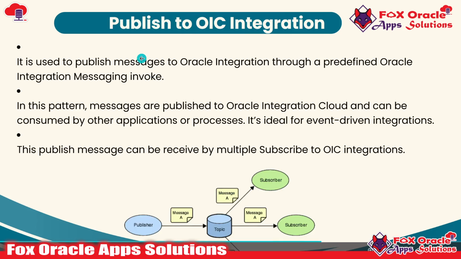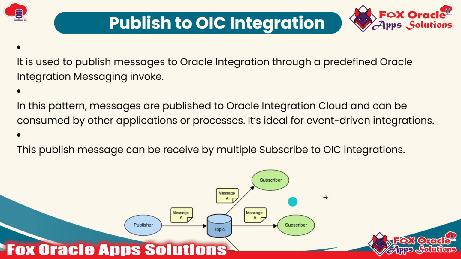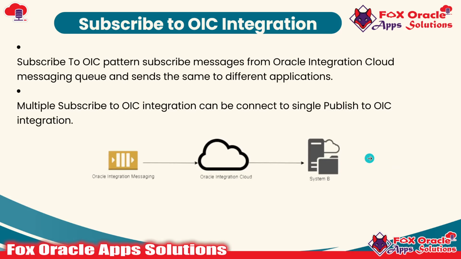Now you can see that publish to integrations and subscribe to integrations are both correlated. Publish to is where a message comes from somewhere and we have to push that message to the target system. That's where we build integrations that in generation 2 we selected as publish to OIC integrations. Similarly, we subscribe to a message or event from one of the systems, and there we build our integration as a subscribe to integration.